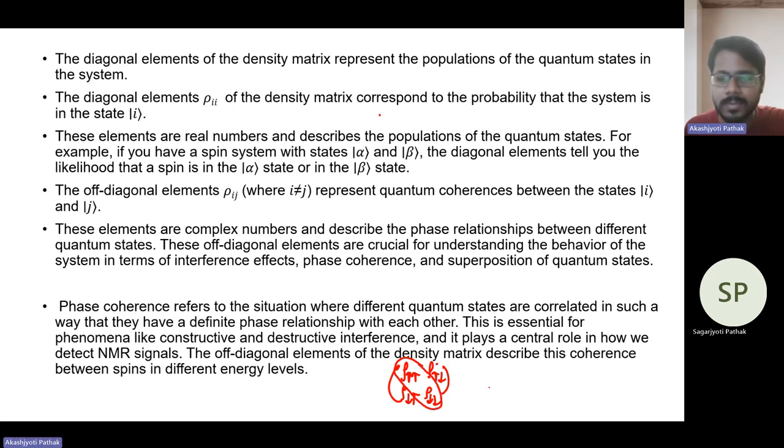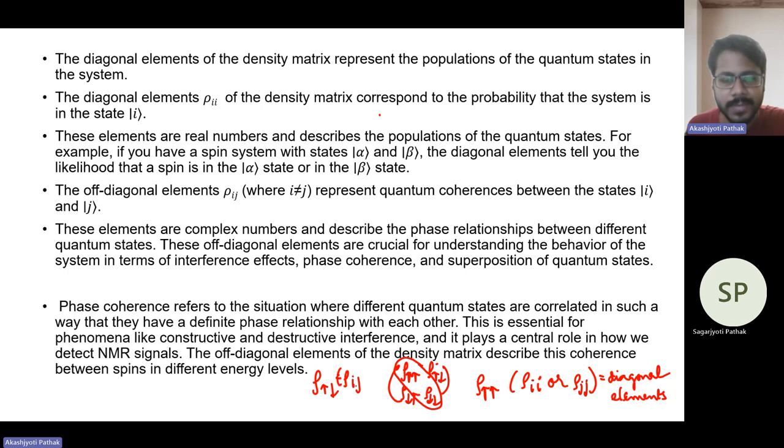You can also call these rho II or rho JJ. These are the diagonal elements, and these ones are the off diagonal elements, or rho IJ.